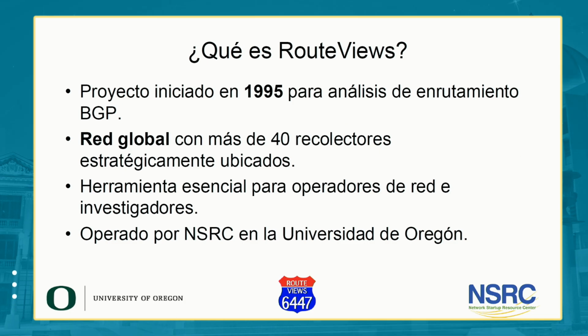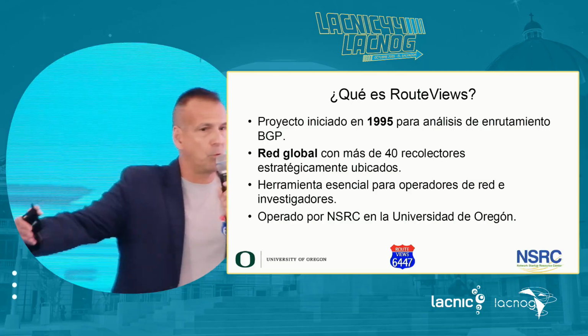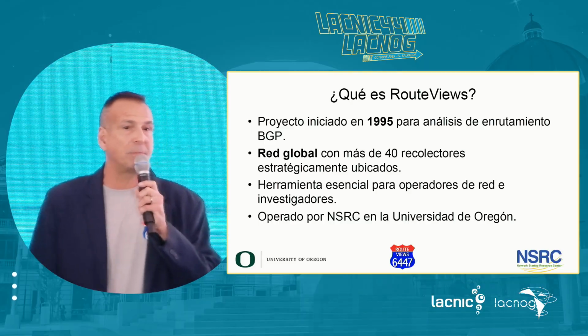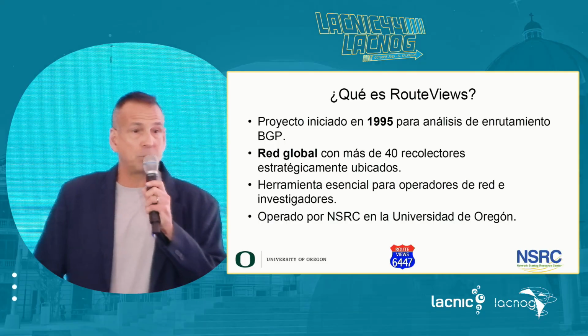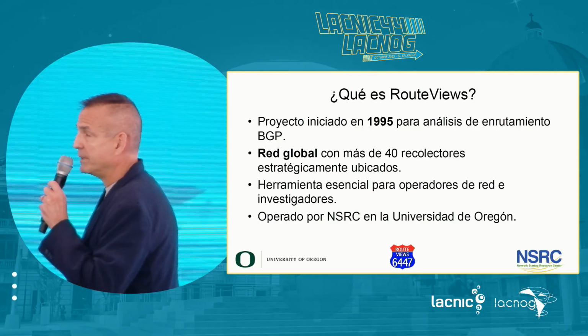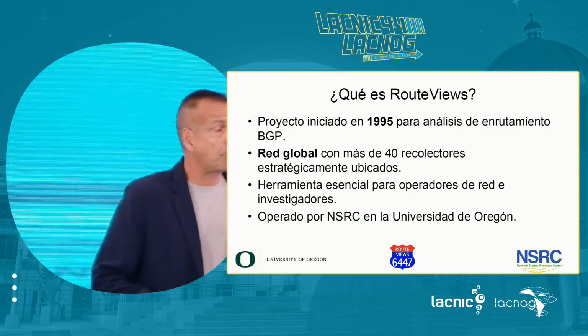What does strategically located mean? They are distributed in such a way that, using my imagination, I stand anywhere in the world and I see the information on routing tables, and I can have the vision of that network containing BGP tables.